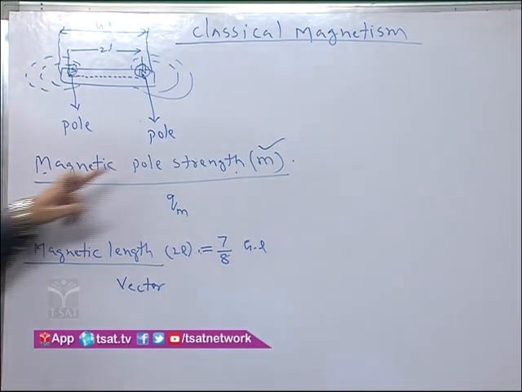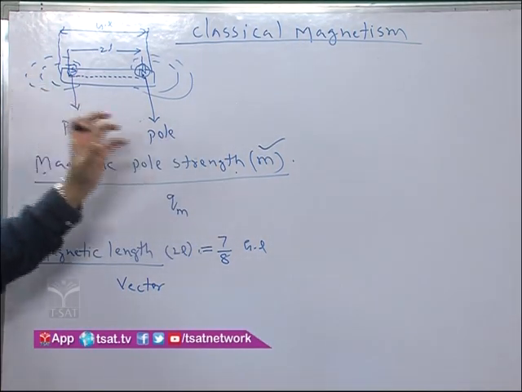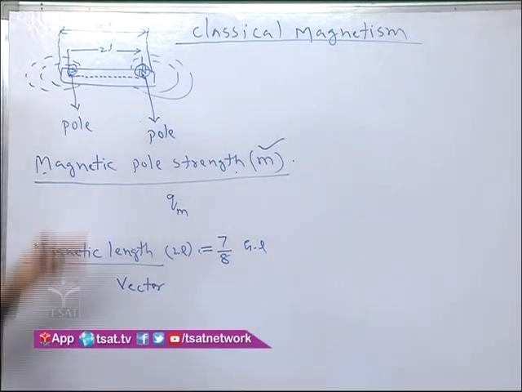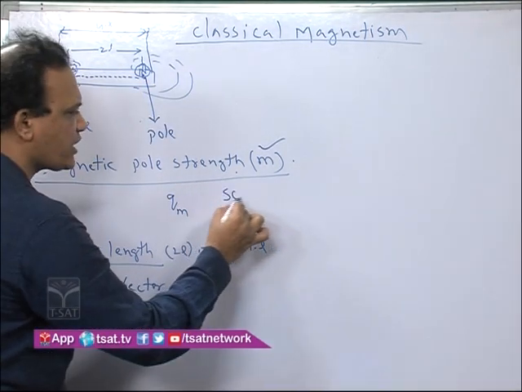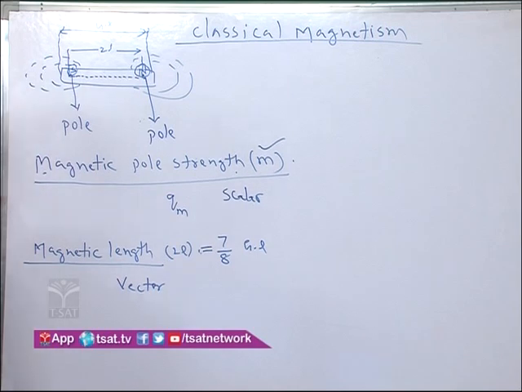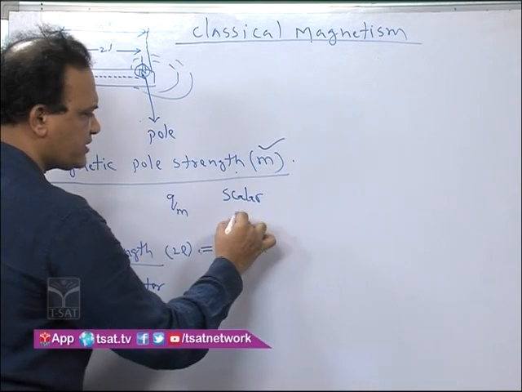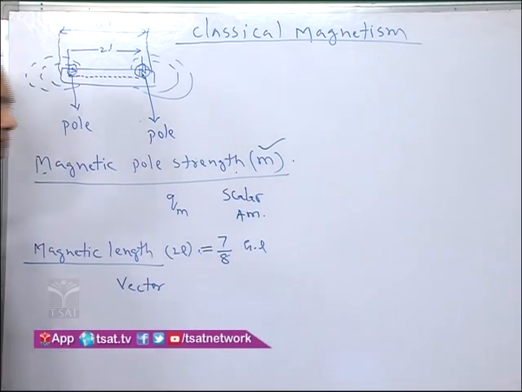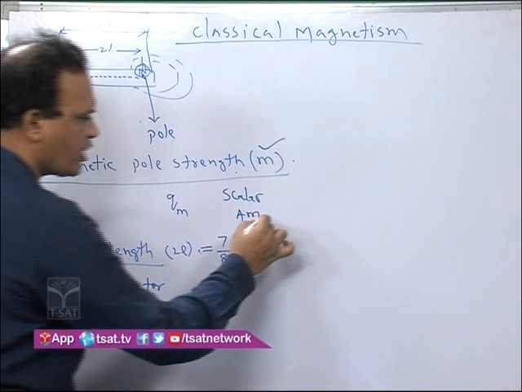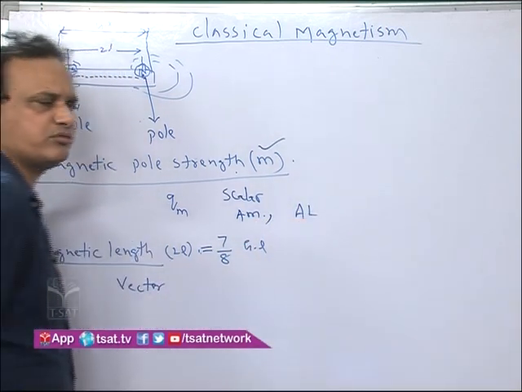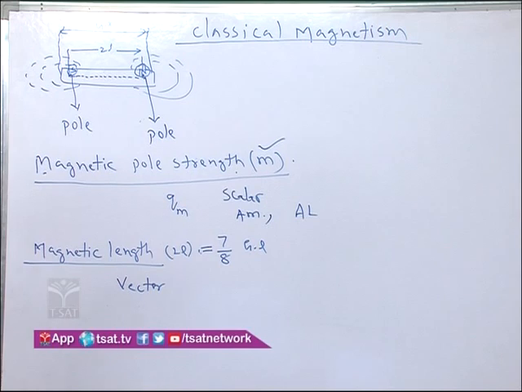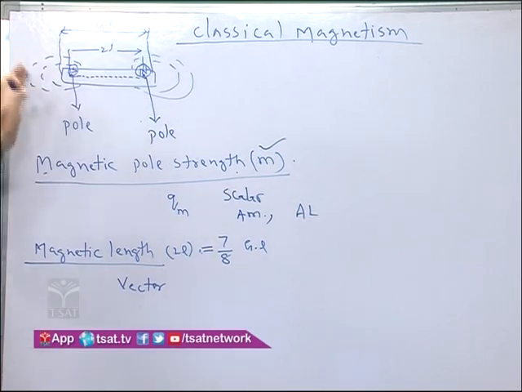Magnetic pole strength represents the attractive power of a pole. It is a scalar quantity. The unit of pole strength is ampere meter, and the dimension formula is A L. The next one: what is the total attractive power of the magnet?